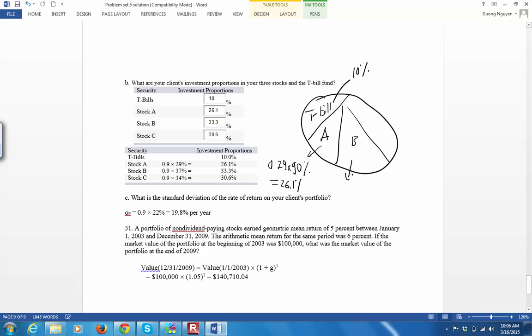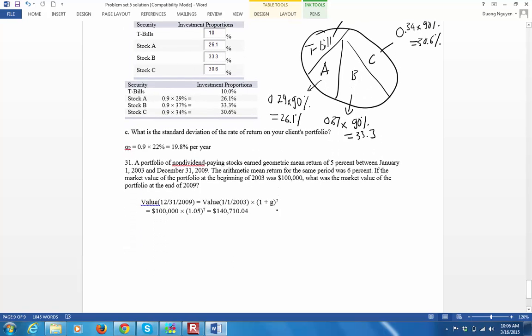B is 0.37 in portfolio P, times the proportion of portfolio P, which is 90%, and this equals 33.3%. For stock C, it is 0.34 times 90%, which equals 30.6%. So you have 10% in T-bill, 26.1 in A, 33.3 in B, and 30.6 in C.